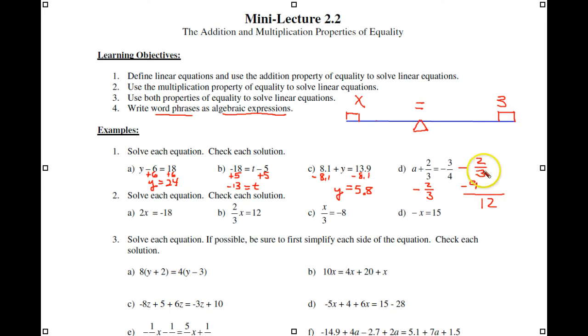Multiply this by a 4, so this is going to be a negative 8. So I get here, and I'll write it up here because I ran out of room, a equals a negative 17 over 12. And the technique I used was to add the additive inverse to make whatever was with the a 0 to both sides.